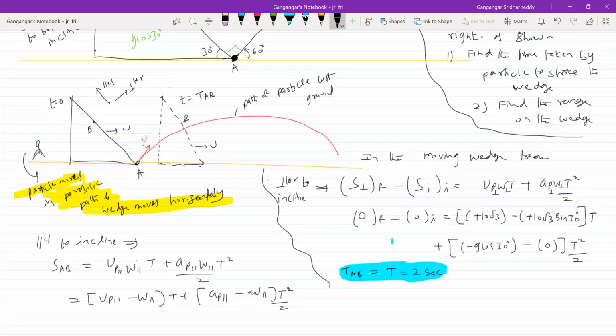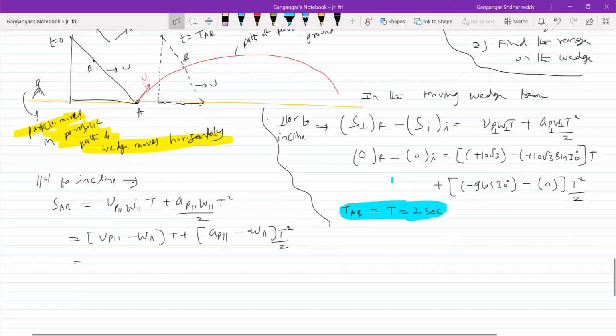Okay, substitute all the values. Velocity of the particle along the incline will be 0, no? Because this is 90. Velocity of the wedge along the parallel should be equal to how much? u cos 30. So this angle is 30, no?